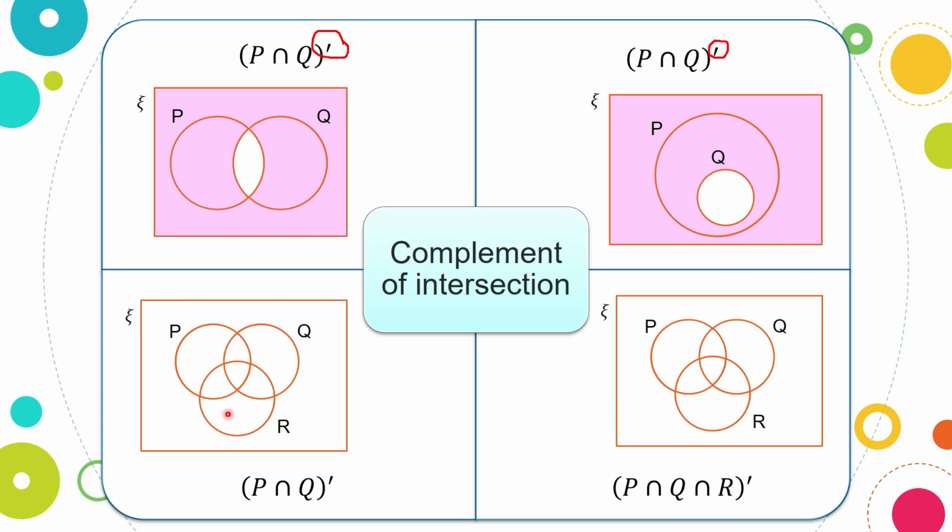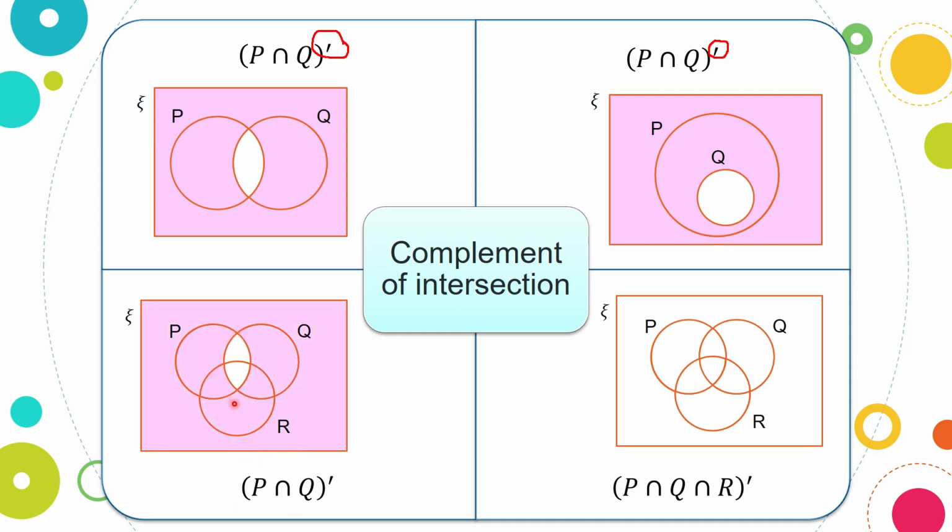Okay, for this one, this is the question, the same also, but in a different kind of Venn diagram. From this example, the part that has been shaded is the outer part of the intersection.